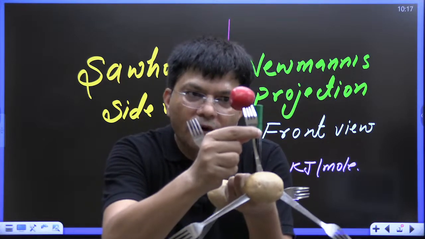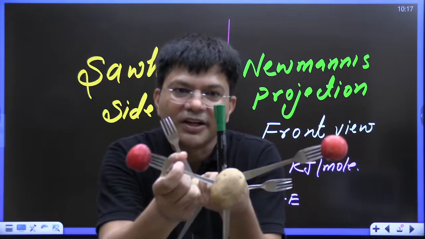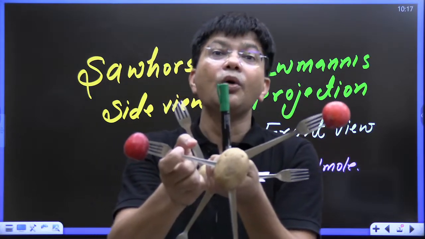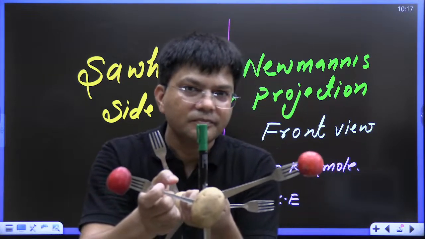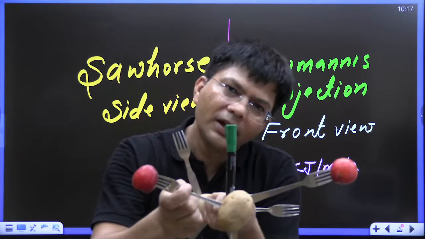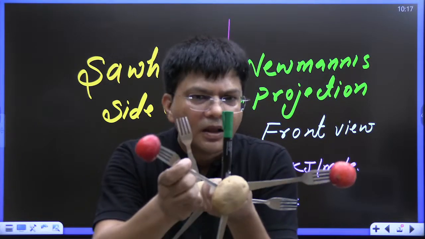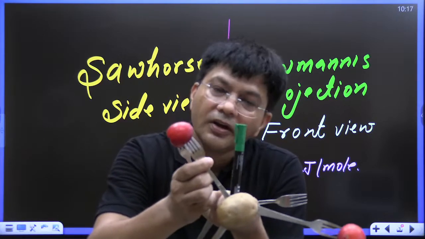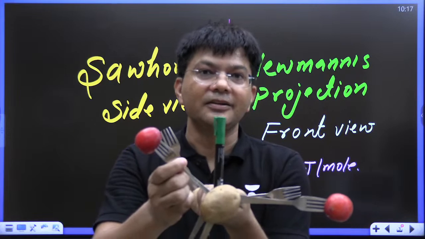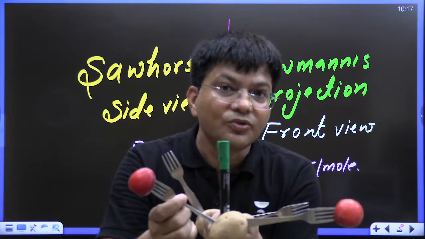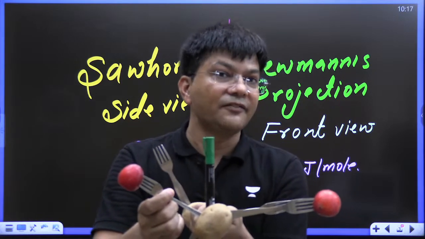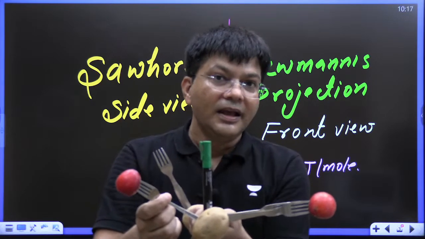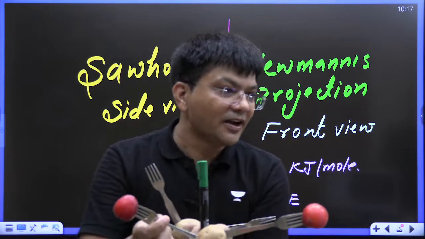Now if I rotate from 0 to 60 degree, this is going to give you the most stable configuration. Now people will ask, can we only rotate by 60 degree? Can't we rotate by 1 degree, 2 degree, 3 degree, 1.5, 2.5? You can rotate by any angle. So ethane is going to give you infinite conformers.